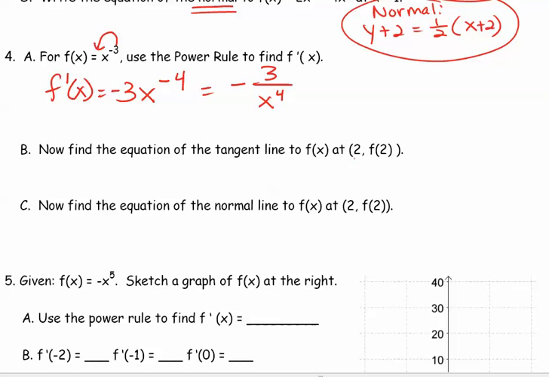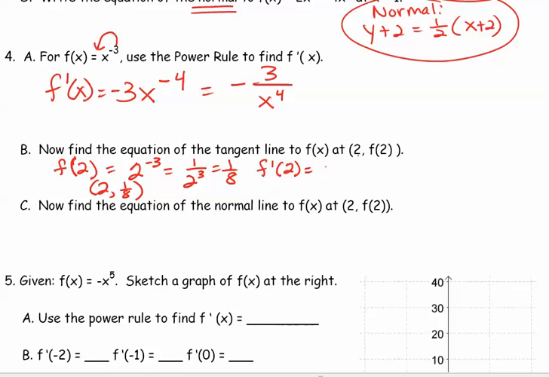All right, now let's work on the tangent. So what do we have? First, we should find out what f of 2 is using our original function. Our original function is raising it to the negative 3rd, so 1 over 2 cubed, or 1/8. So our point of tangency is (2, 1/8), and our slope is f prime of 2.